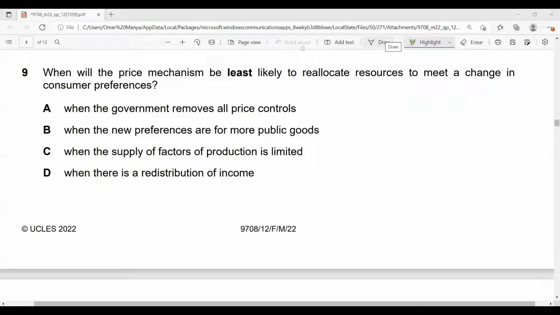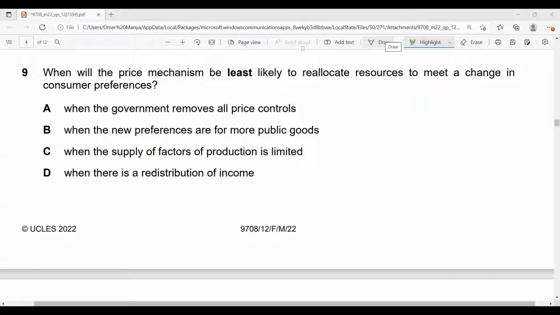Keeping in mind the profit motive, producers will allocate resources towards consumer preferences when they believe that those preferences will be profitable. This is not the case with public goods. Public goods, by definition, are goods that are non-rivalrous and non-excludable.